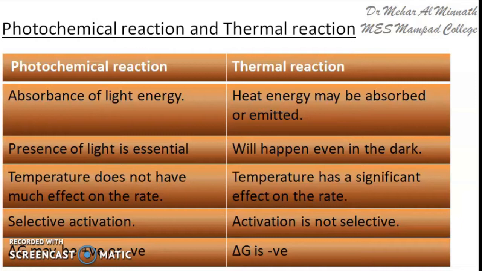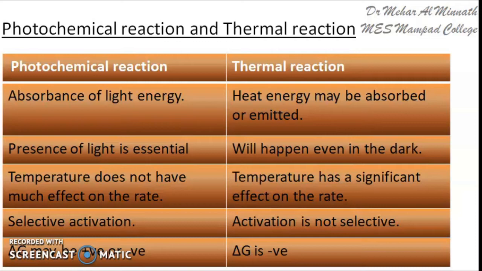In thermal reaction, temperature has a significant role in the rate of the reaction. Temperature plays an important role, but in photochemical reaction, it is not the temperature which decides the rate of reaction. In fact, it is the light radiation which decides the rate of reaction.